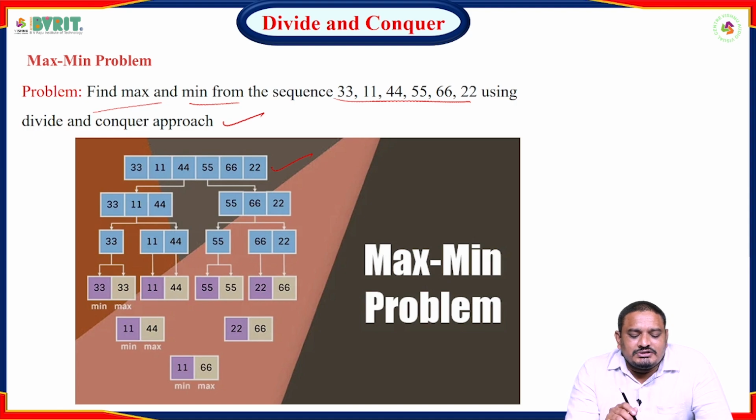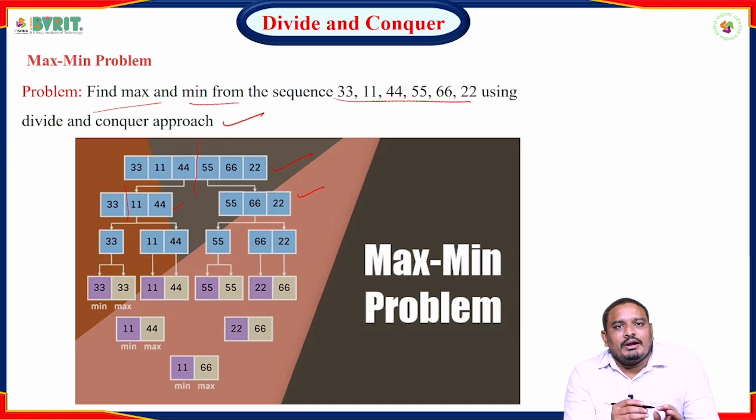Now, first the problem is divided into two, left half and right half. This is the left half, this is the right half. Again, the subproblems are divided into two subproblems, left and right. Now we update which element is the maximum and which is the minimum.